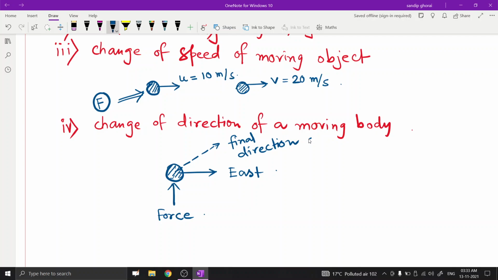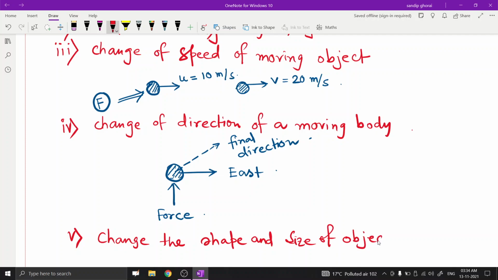And the fifth point is that a force can change the shape and size of an object.